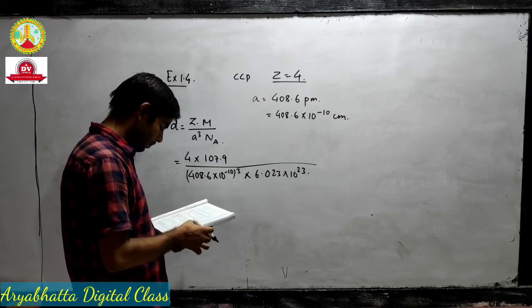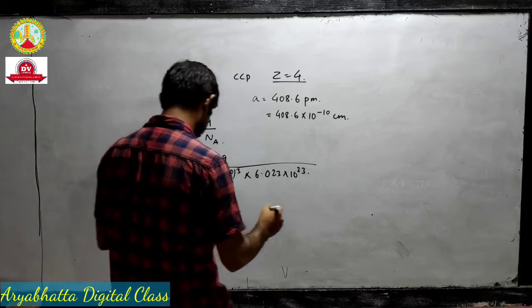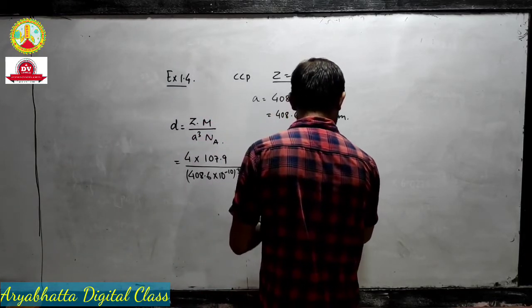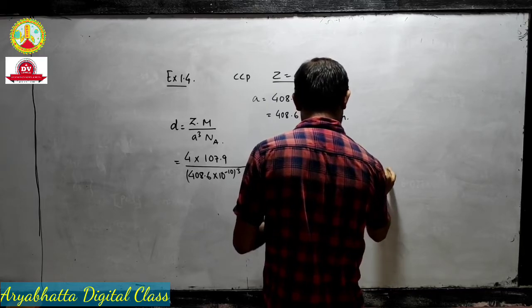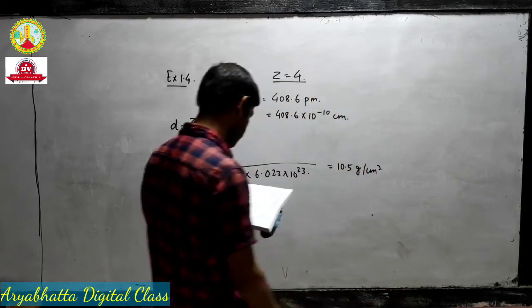And what will we get? We will get 10.5 gram per centimeter cube.